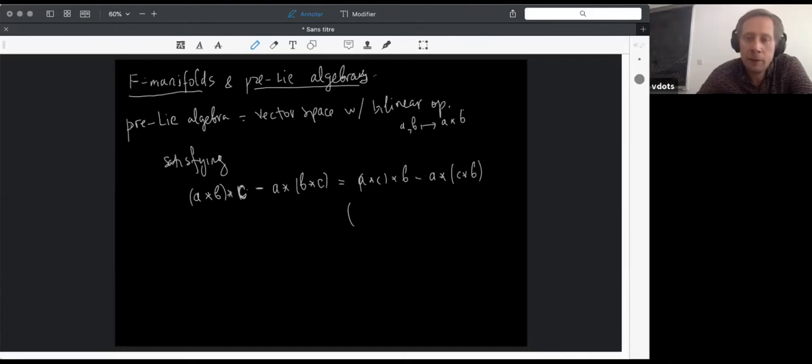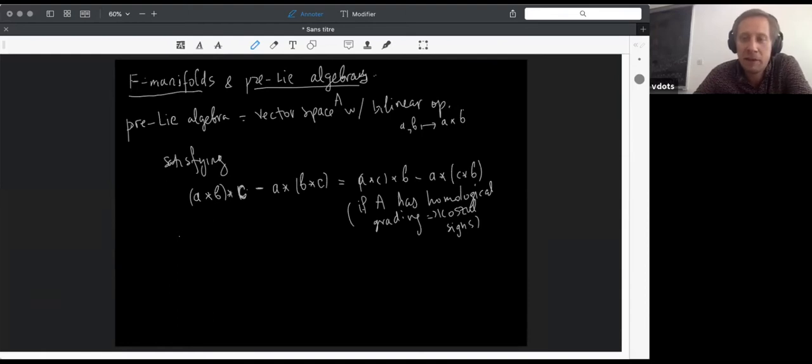And in principle, let me just remark that if my vector space has homological grading, there will be some Koszul signs arising from exchanging B and C. But I'm going to ignore that for the moment to not make formulas excessively heavy.